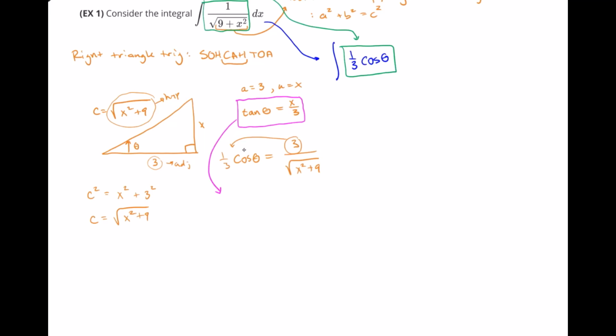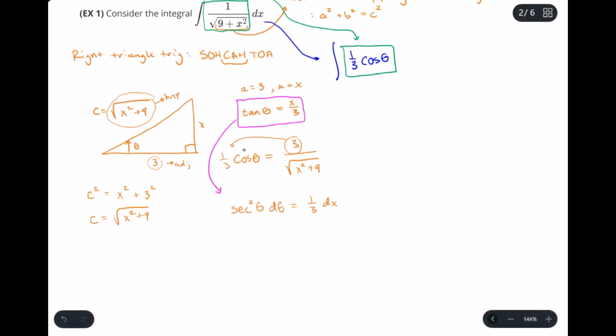The derivative of tangent is secant squared theta d theta, and the derivative of x/3 would be 1/3 dx. You might be thinking, why are you doing this? Remember your u substitution.